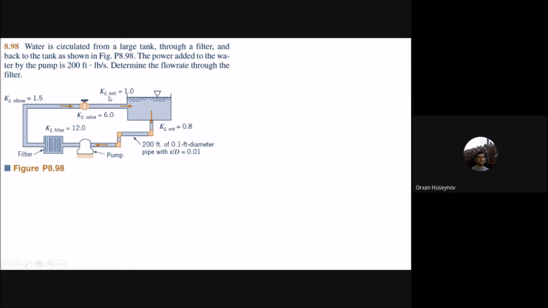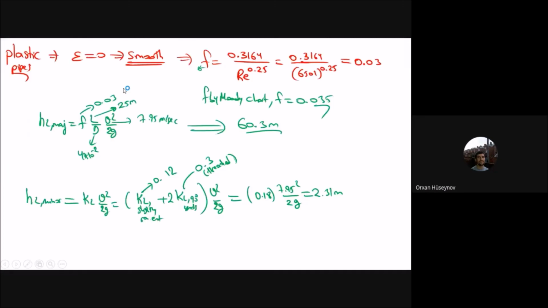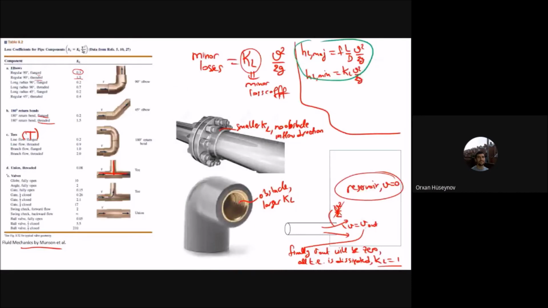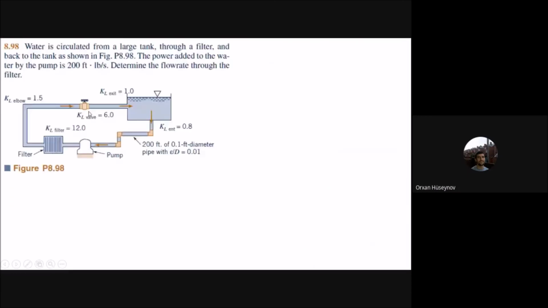And the KL values are given. For exit, it is 1. It is always 1. If you remember our previous slide, KL is always 1 because all of the energy is dissipated. Then you have the KL values for the elbow, and a KL value for the filter, which is 12.